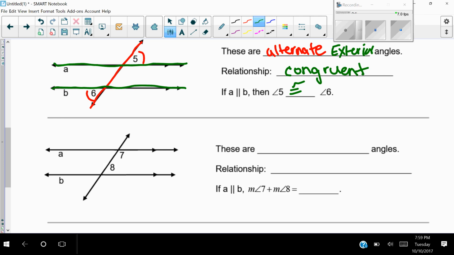Okay, our other two sets are going to be supplementary. So I'm going to go through those. If they're on the same side, that means that they are supplementary. They add up to equal 180. So do you guys see that they're both interior, but they're both on the same side of that transversal? Angle 7 is on the right-hand side and angle 8 is on the right-hand side. So we call them same side.